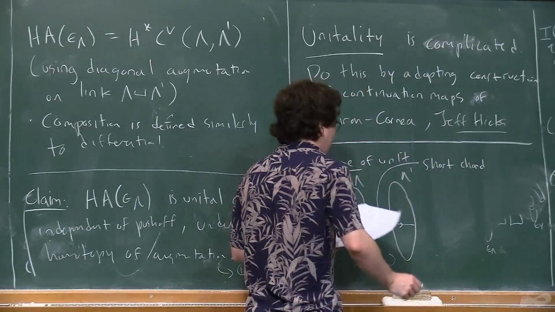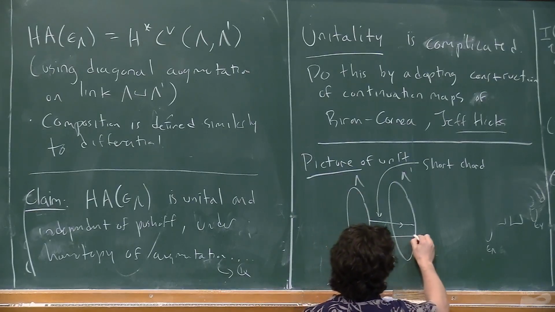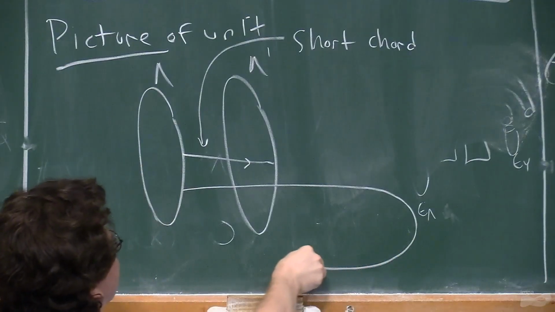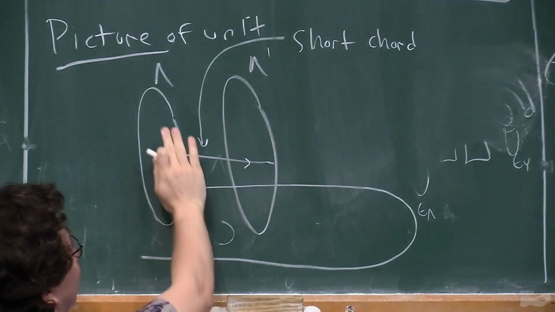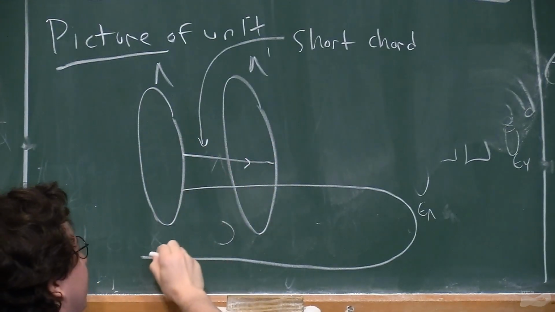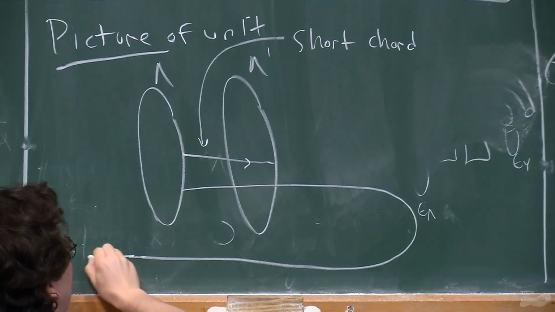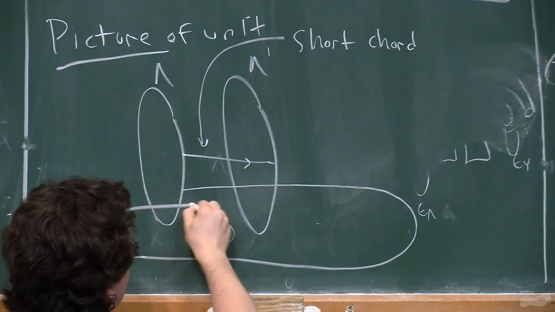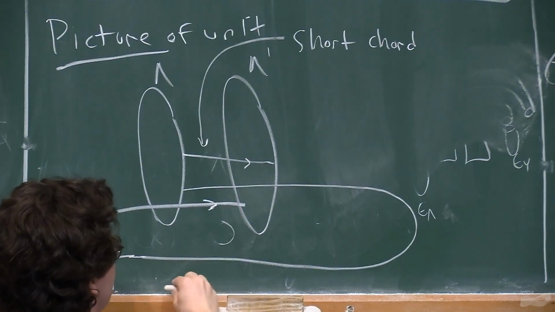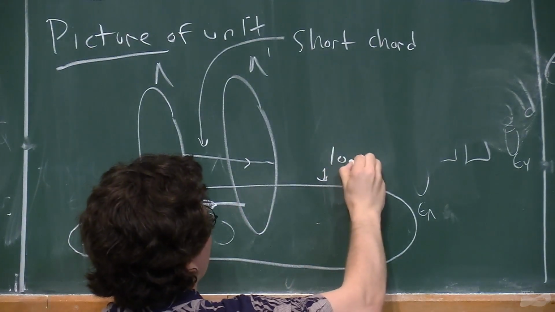The other thing you'll get is the long chords. These are the chords from lambda to lambda prime which come from the original chords of lambda itself.